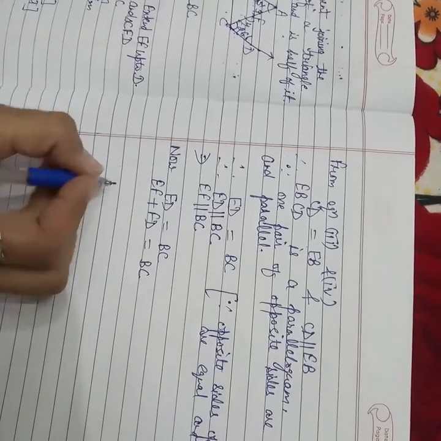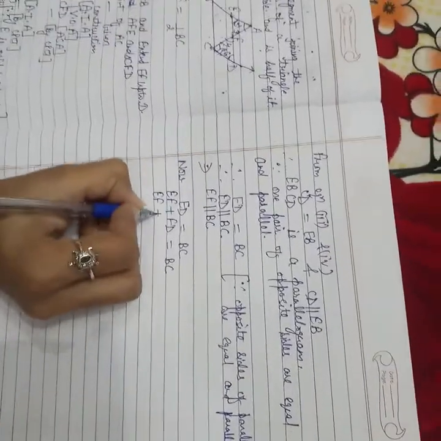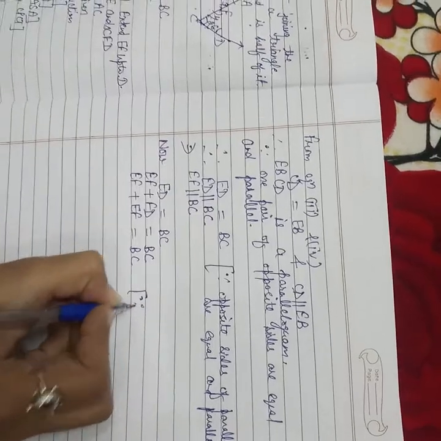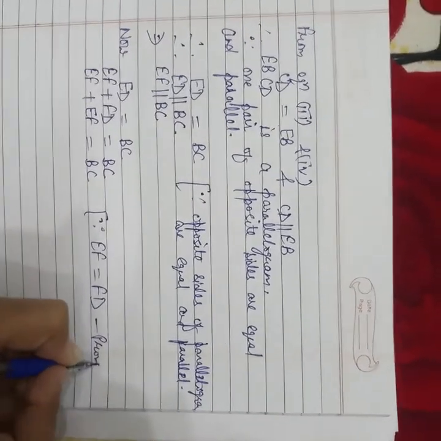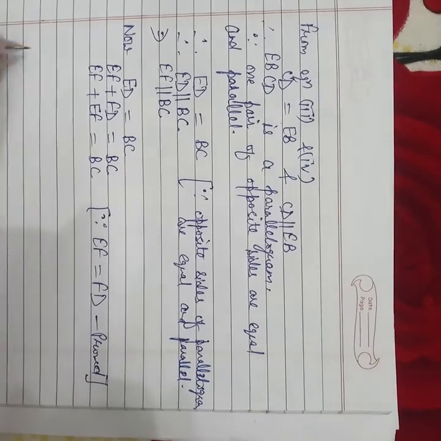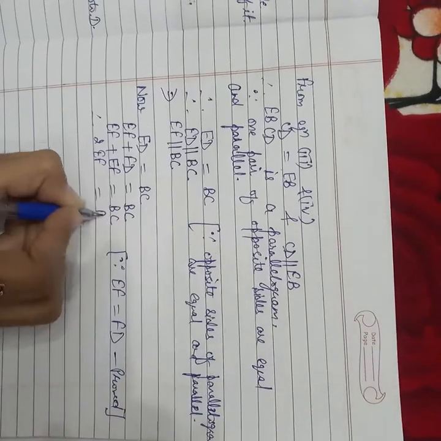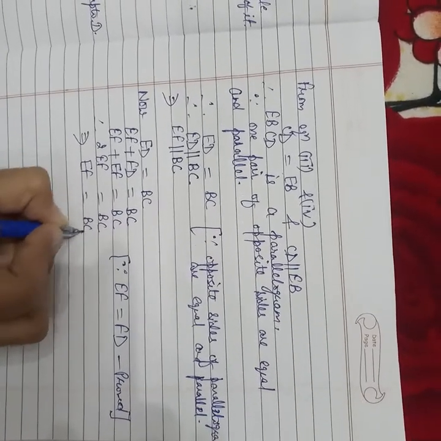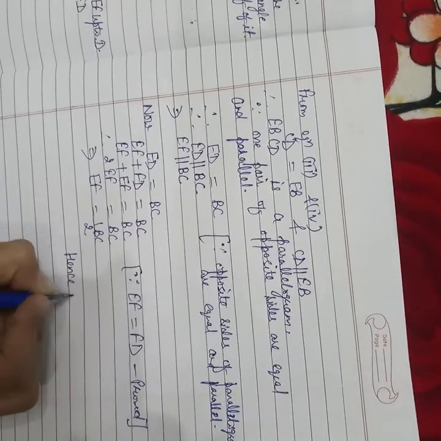Now EF and FD are equal, therefore EF plus EF equals BC because EF equals FD. Therefore 2 times EF equals BC, which implies EF equals half of BC. Hence proved.